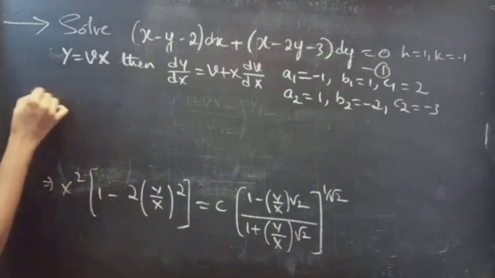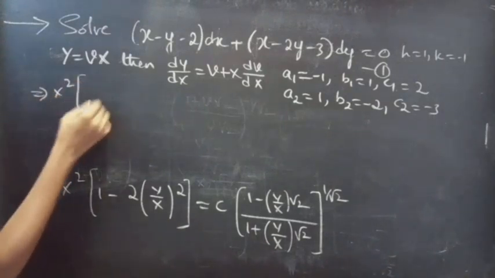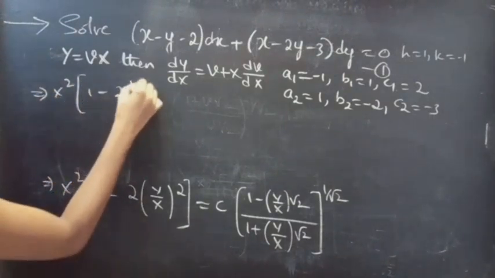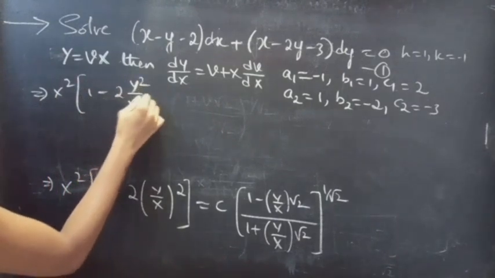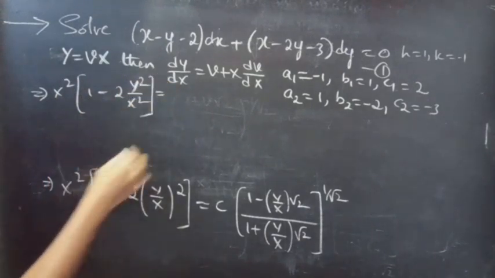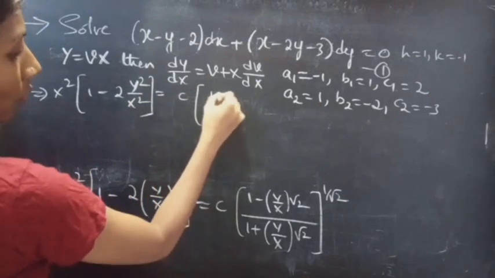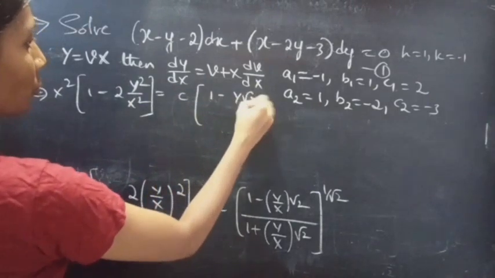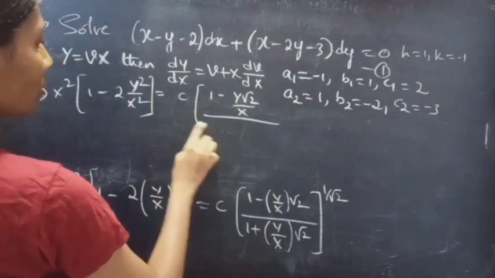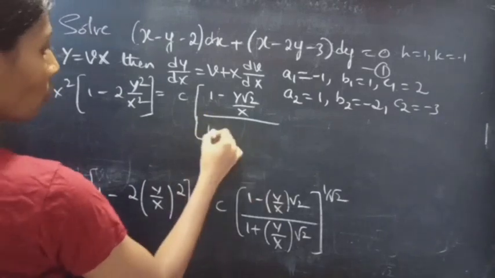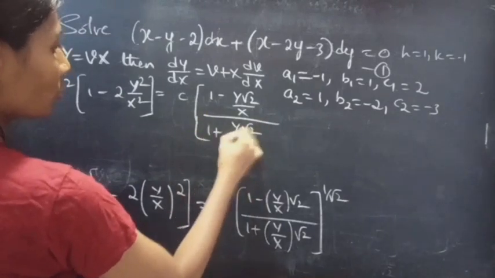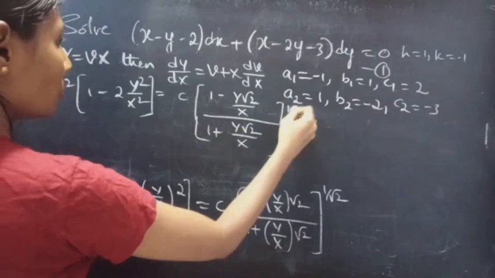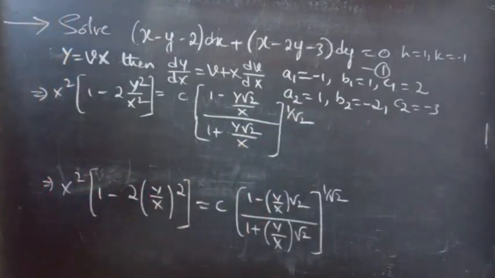Then this becomes x square into (1 minus 2 y square by x square) equals c into ((1 minus y root 2 by x)/(1 plus y root 2 by x)) power 1 by root 2.